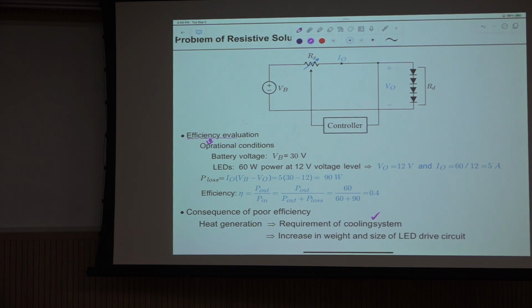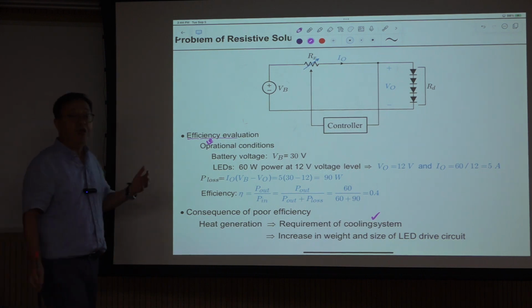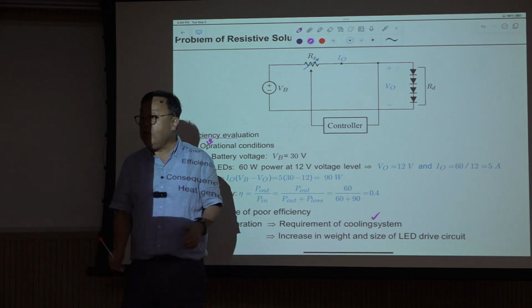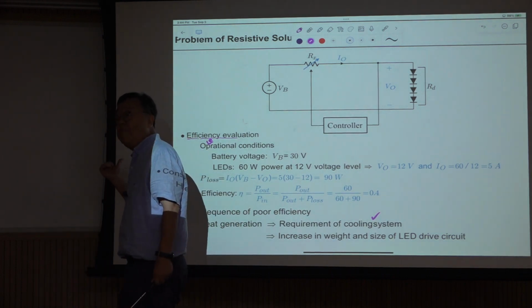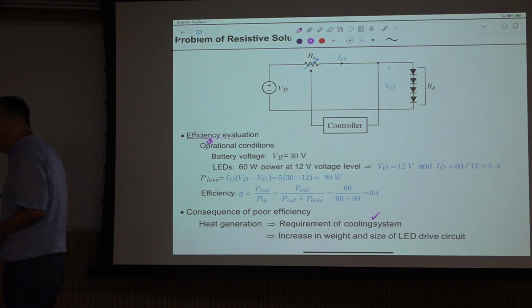Mostly we cannot use this resistive approach, but there is one particular application where it is still used: the audio amplifier. The audio amplifier should reduce any ripple component, harmonic component, or noise it generates. So for the quality of the audio, they still use this type of power supply, which is heavy and big.